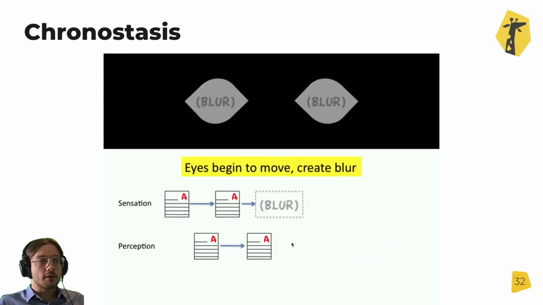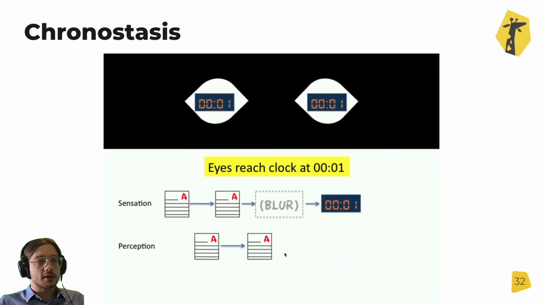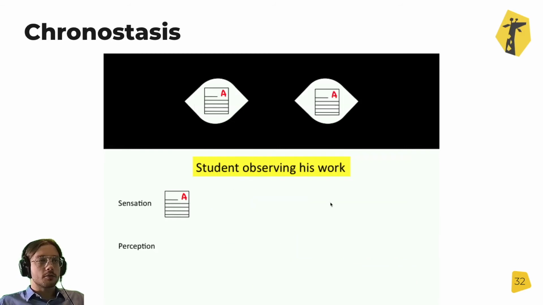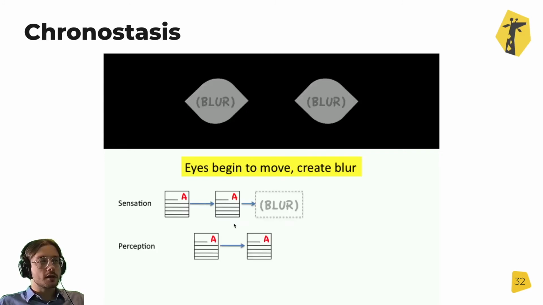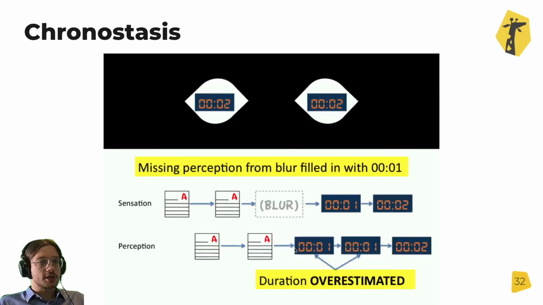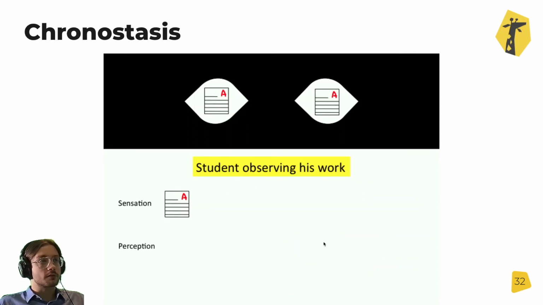So in our mind we think that the first second will be longer than the second one. This is because the brain changes this state when we didn't see anything. So here is our perception, and this is changed in this time period, and this is called chronostasis.